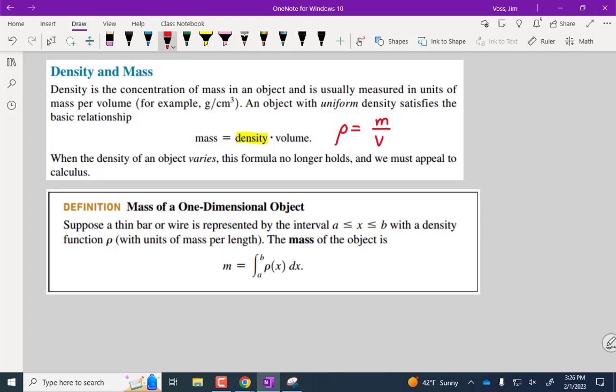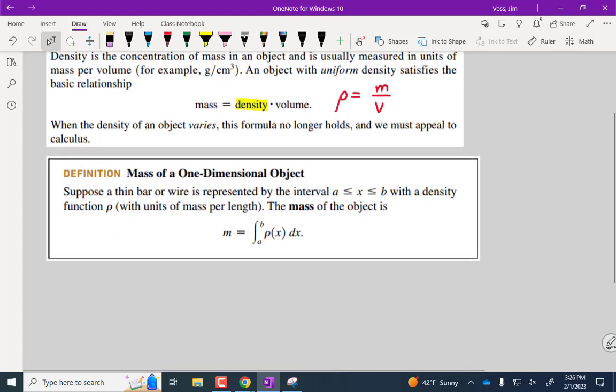But there are situations where we're going to deal with one-dimensional density and two-dimensional density. If you imagine a thin metal plate, then you're talking about density in the sense of mass per unit area. If you're talking about a rod or a wire, we're going to think about density as mass per unit length. Now, the issue is that when density is not uniform, you can't just use our basic multiplication formula.